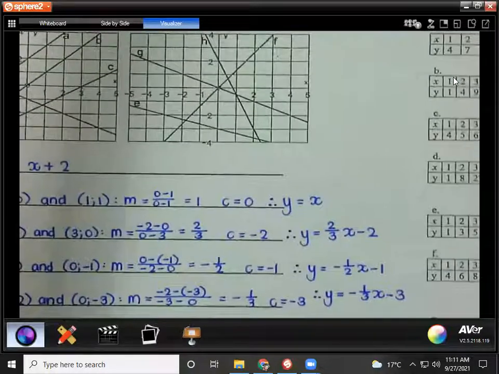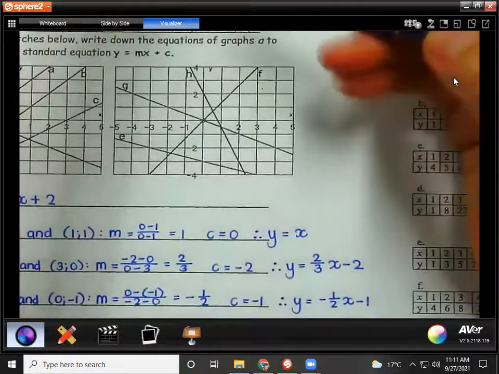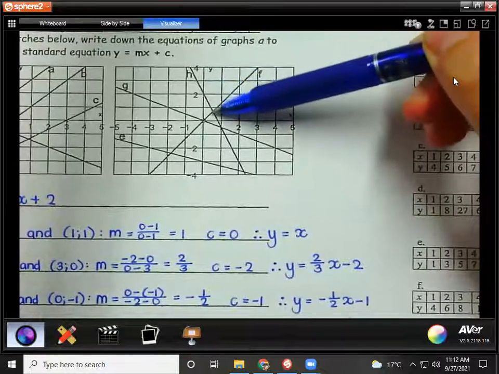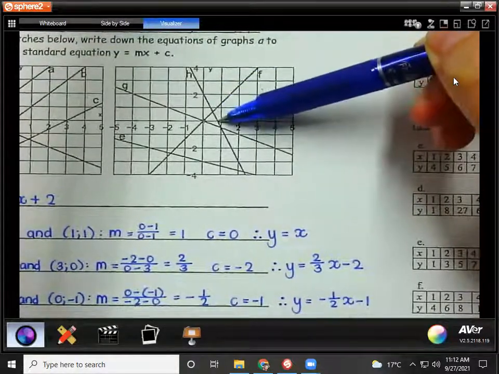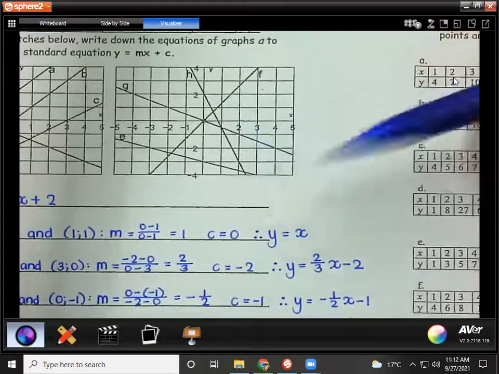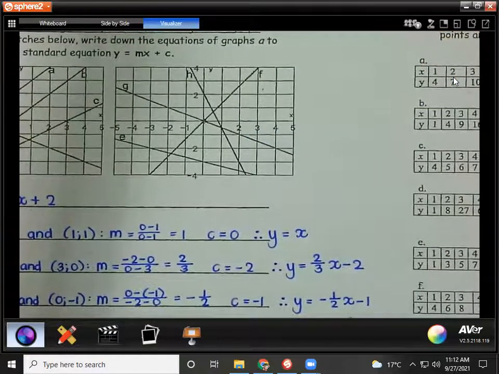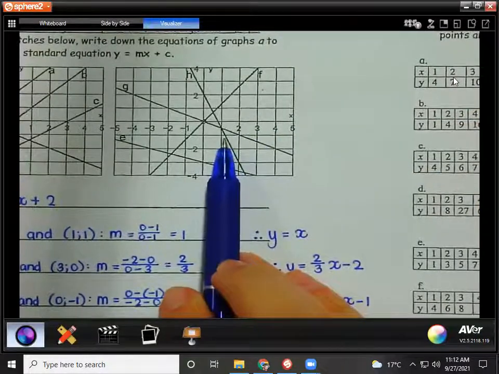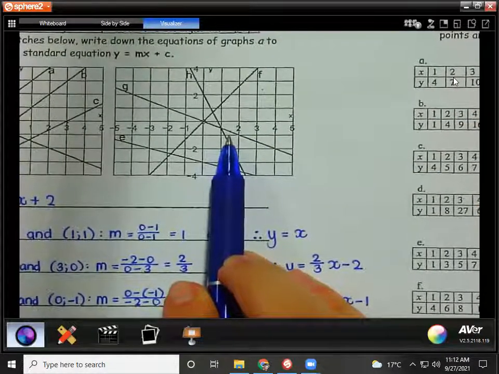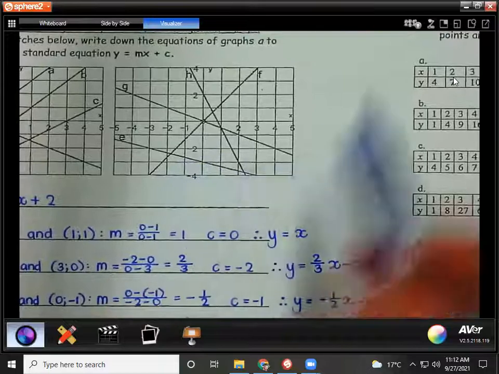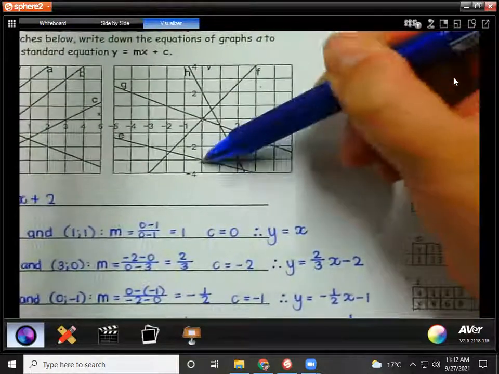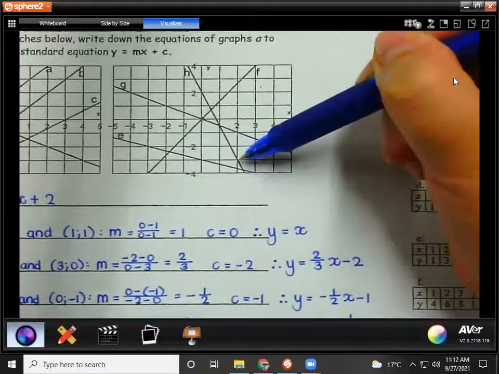Okay, H. The last one there. I'll take 0, 2, and then do you guys see? I'm just looking for a point where it's actually exactly on the corner of a block, all right? Instead of maybe taking that one, because I'm not sure what that is exactly on the x value. Okay, so I'm going to take that one, all right? So what is that? That's 2, -3. Okay, so what did I say now?